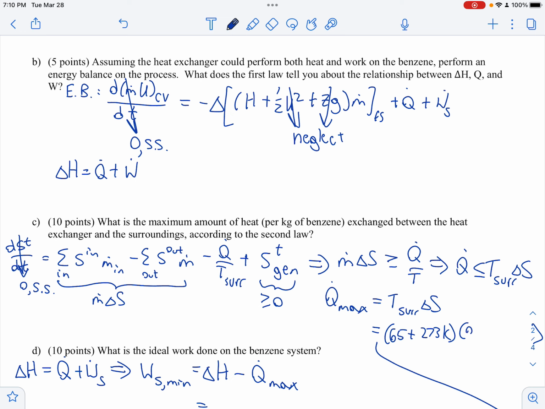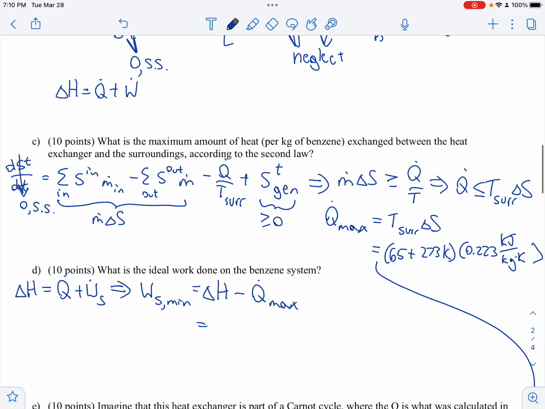So that's going to be 0.223 kilojoules per kilogram Kelvin. And this brings the Q max to 75.3 kilojoules per kilogram. So that is the answer for part C.